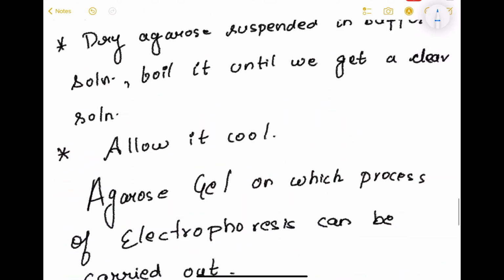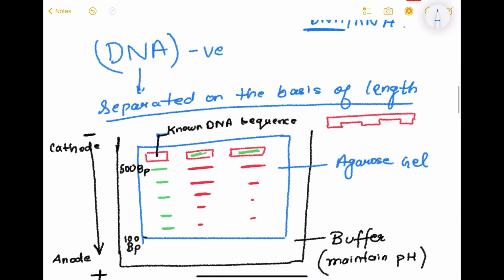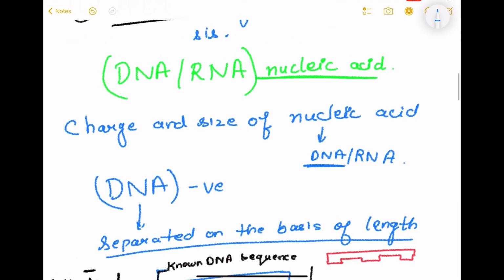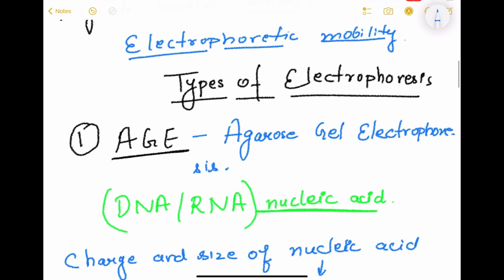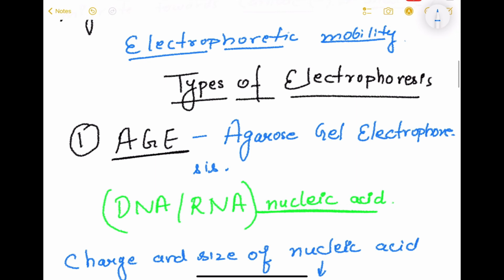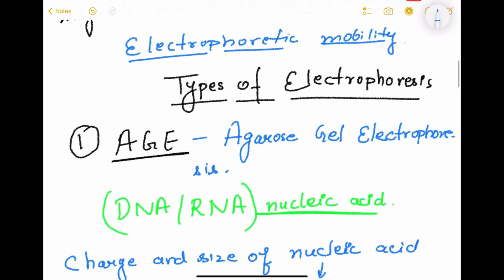So that is about the agarose gel, which is one type of electrophoresis. Our next topic would be PAGE, that is polyacrylamide gel electrophoresis.